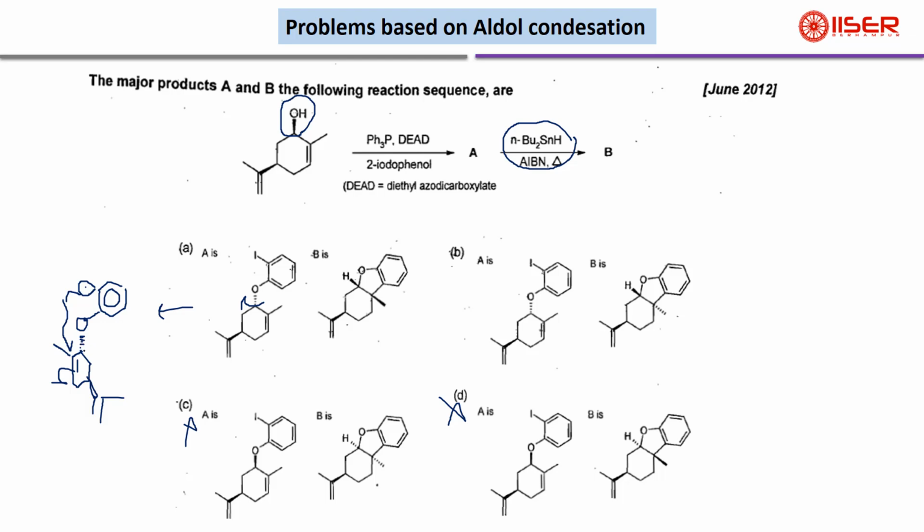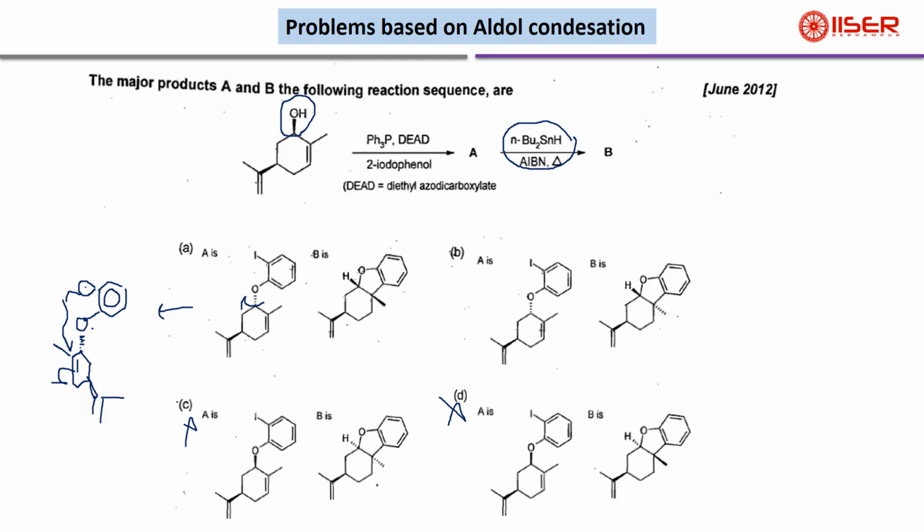Now as this is below the plane, this phenyl group is already below the plane. So if it wants to approach this carbon, it has to approach from below the plane. Just imagine in 3D, suppose there is a rope attached below the plane.